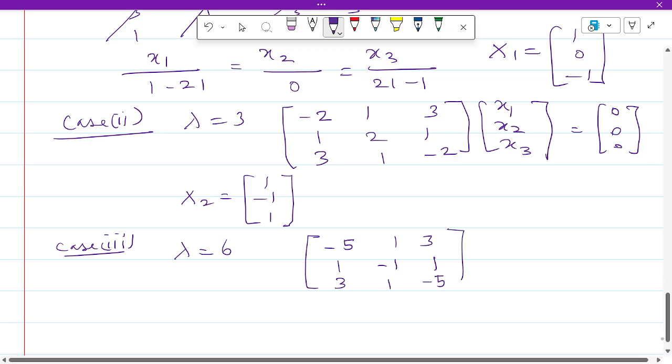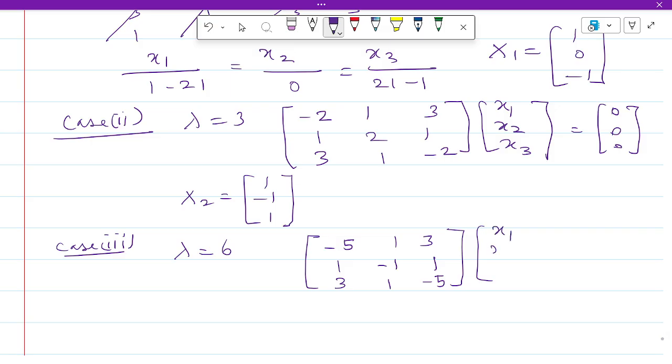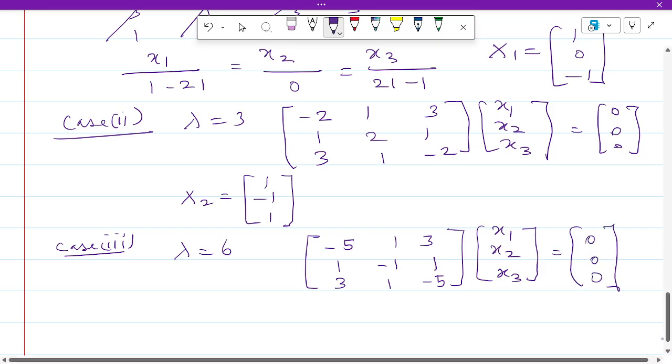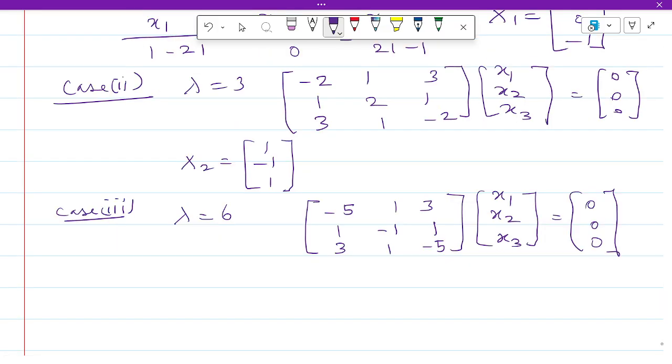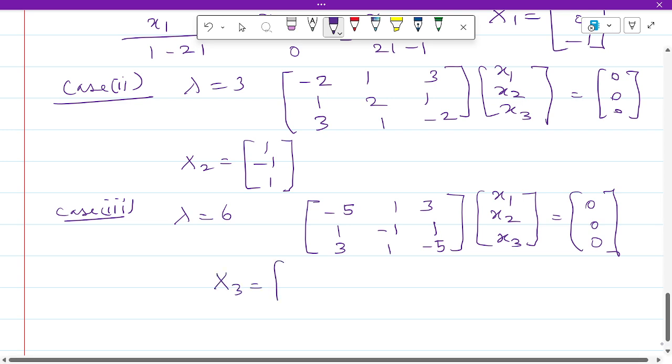See, the only thing is you should know how to convert the quadratic form into a matrix. Please revise this video 2 or 3 times for better understanding. When you solve in the same way, you will get x3 equal to 1, 2, 1.